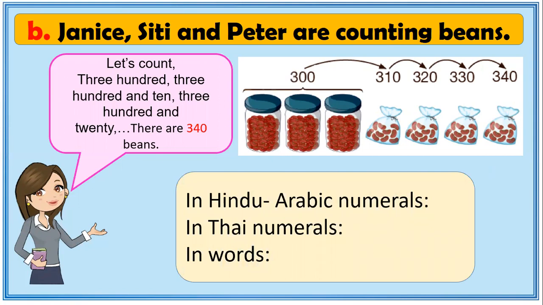And in Hindu-Arabic numerals, we write 340 as this, and in Thai numerals, 340 is written in this way. In words, we spelled 340 as Three, HUNDRED.